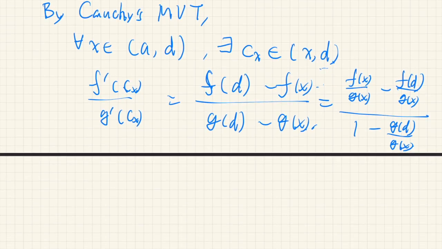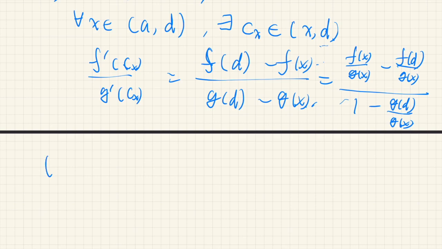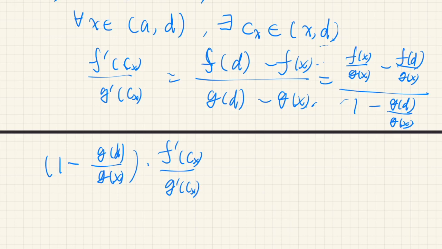Okay, now let's multiply both sides by this. So we have 1 minus g of d over g of x times f prime of cx over g prime of cx, and f of x over g of x minus f of d over g of x.